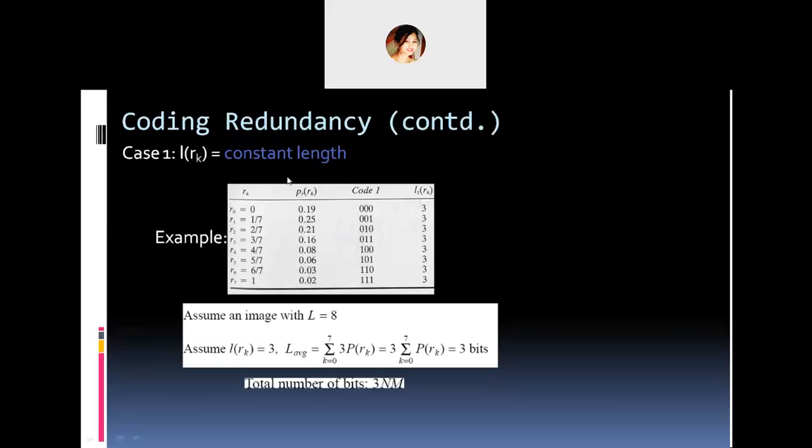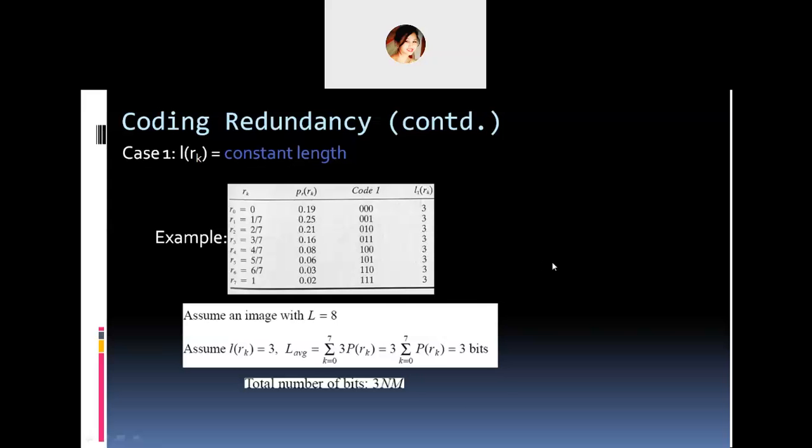Okay, we had another case actually. One more is case 2, that is of variable length. Okay, no problem. So in variable length, what happens? The length will be of variable size, that is it is not fixed. Here in case 1, length is constant, that is it is fixed. But in variable length, it is not fixed.